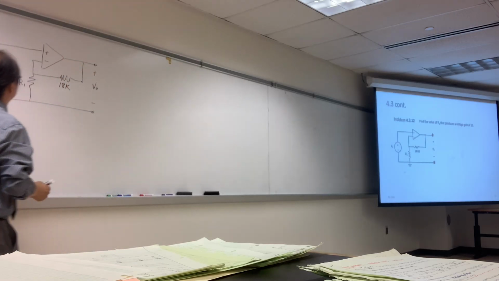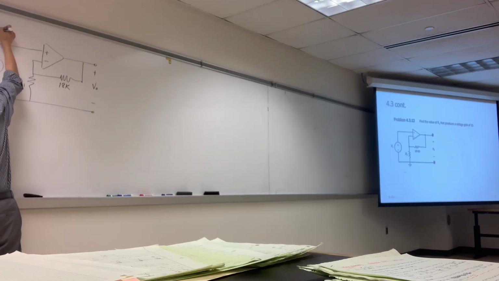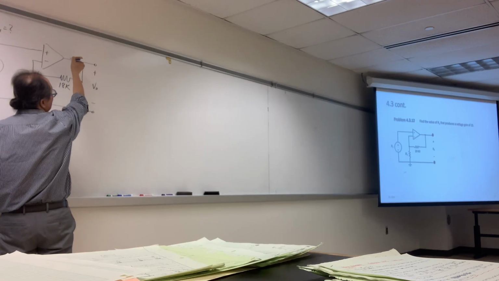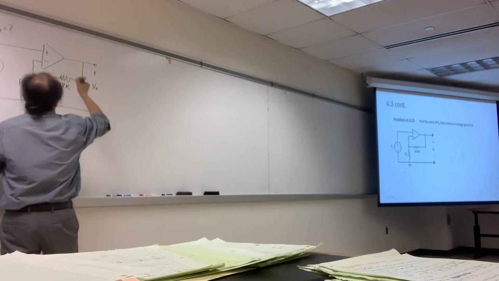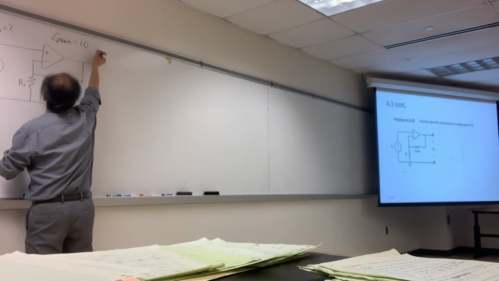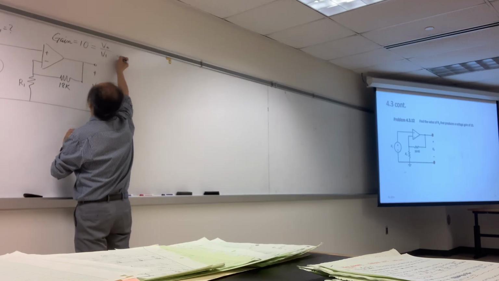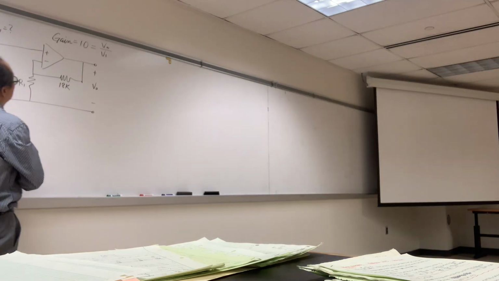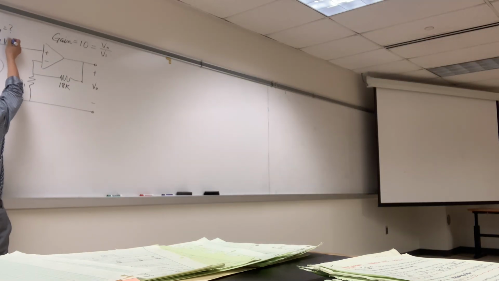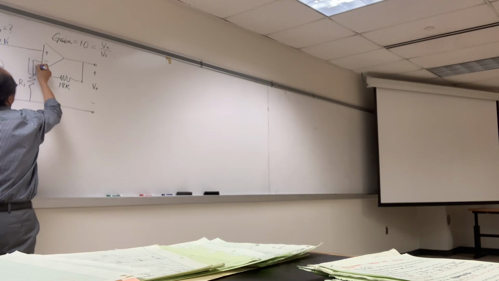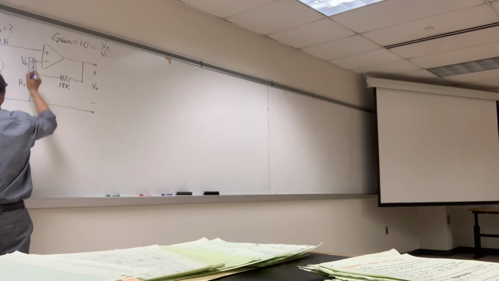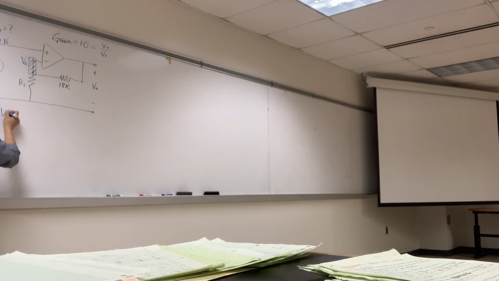So let's do this. Okay, we need to find R1. So what is R1? And another piece of information is given. Gain equals 10. That means V out over V1 equals 10. So this is V1 and this guy is going to be V2, and V1 equals V2.